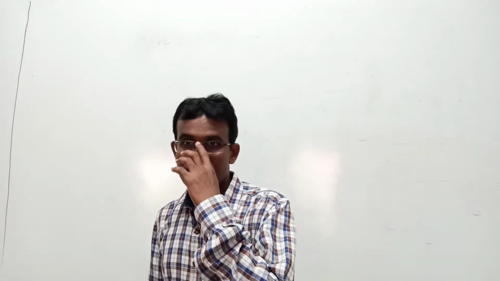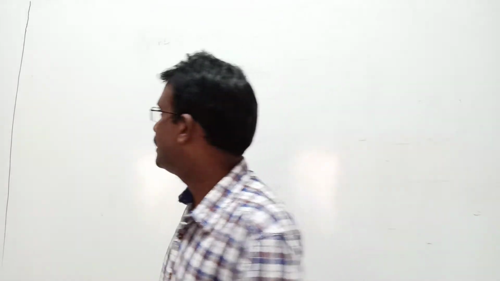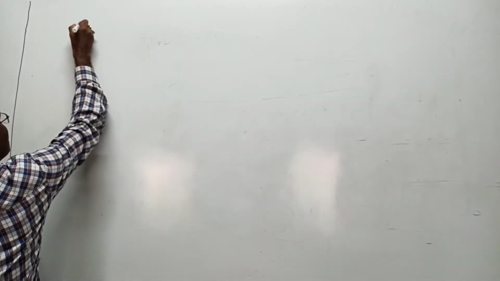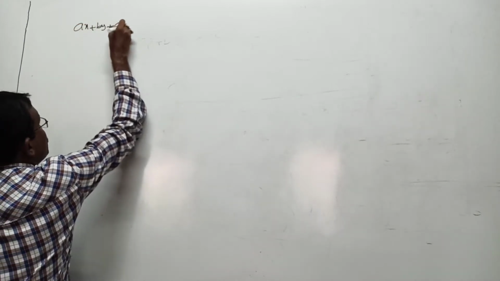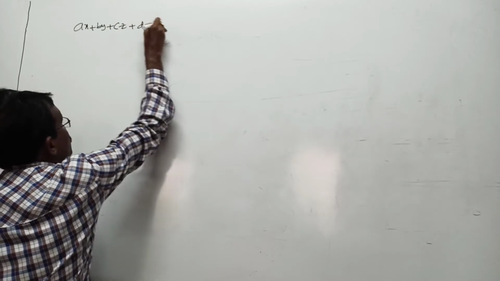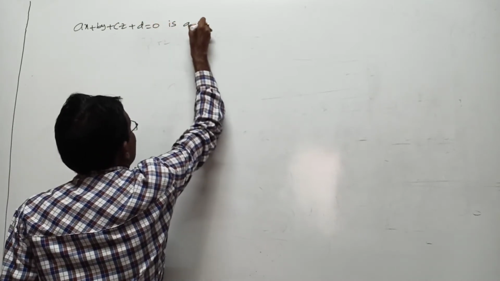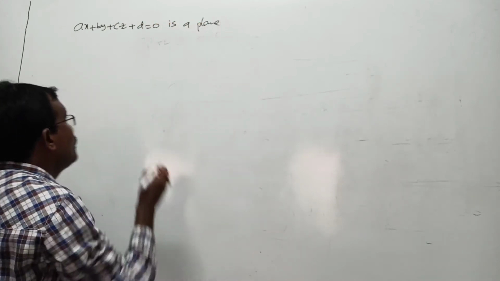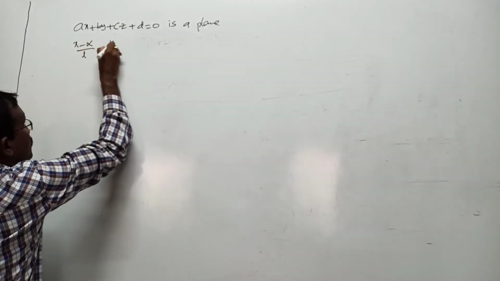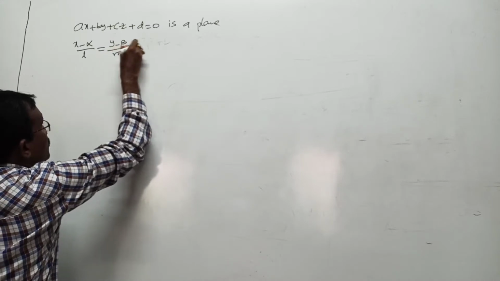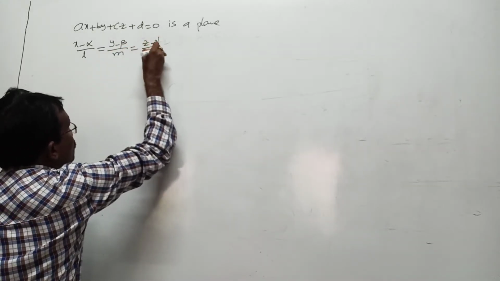Now let us see the angle condition between a plane and a line. Let us consider that ax + by + cz + d = 0 is a plane, and the line is (x − alpha) by l is equal to (y − beta) by m is equal to (z − gamma) by n.